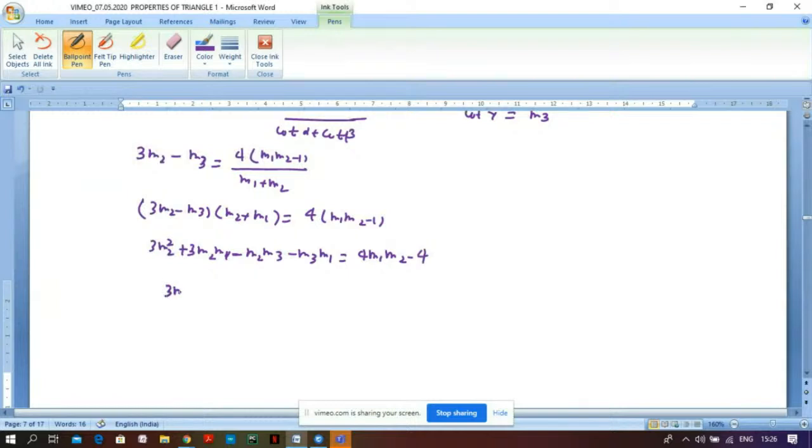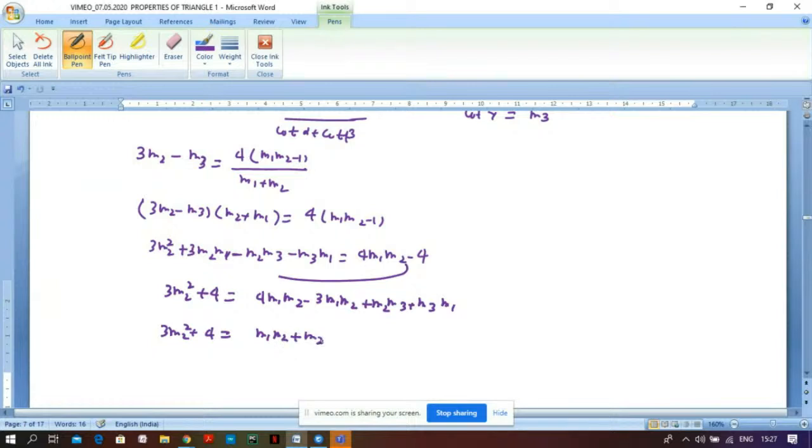So I can write 3M2 squared and plus 4. I bring this plus 4 to this side. And so I can write 4M1 M2 minus 3M1 M2 plus M2 M3 plus M3 M1. So that gives 3M2 squared plus 4 equals M1 M2 plus M2 M3 plus M3 M1.